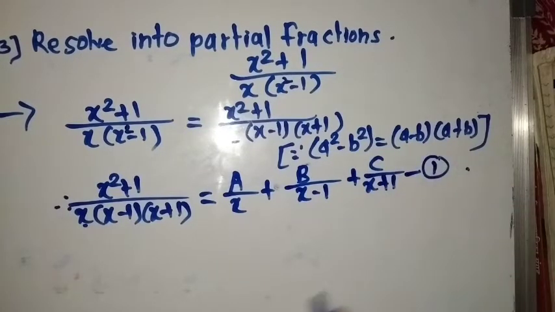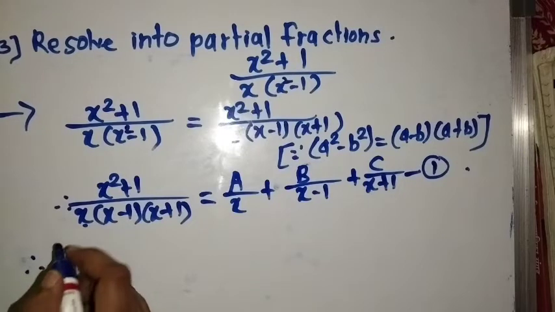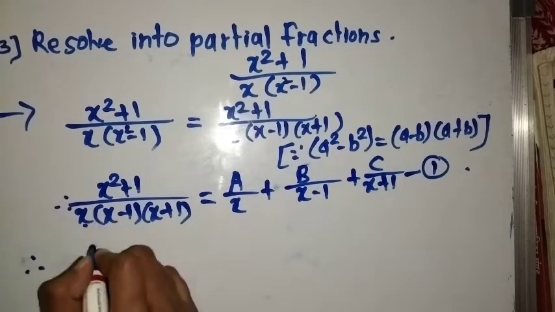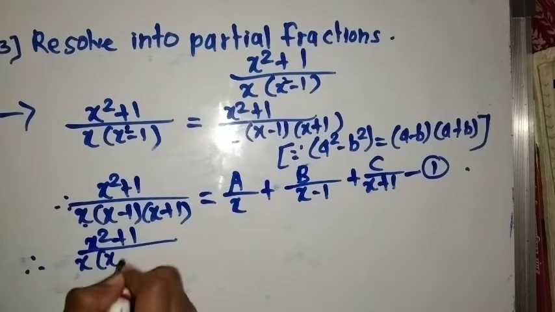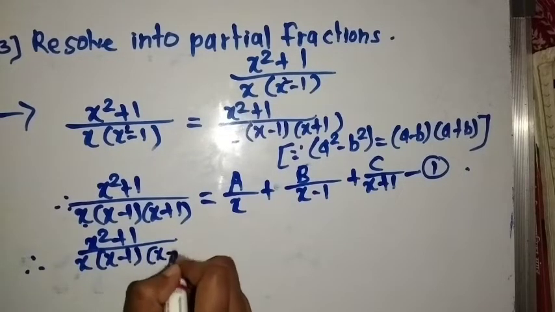This equation is called the first equation. Then we multiply each term by x minus 1, x plus 1.